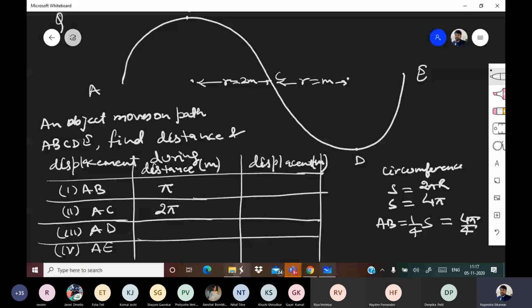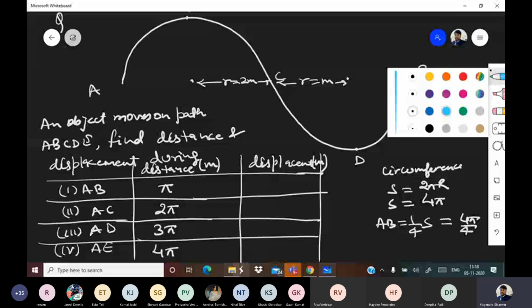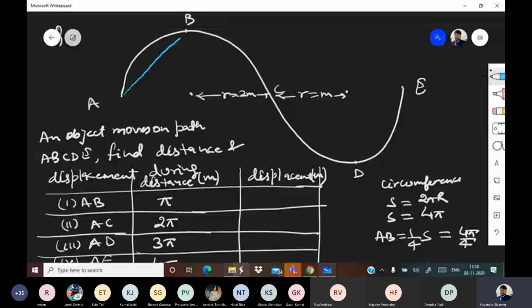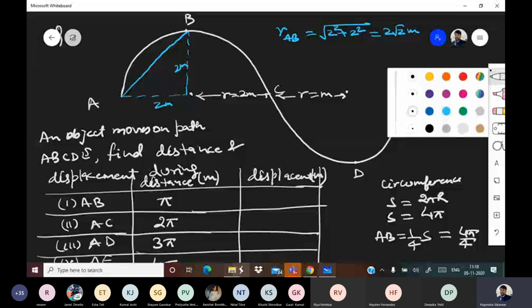Now let us talk about displacement. Displacement AB will be this straight line. You can see this is 2 meters and this is 2 meters. So R_AB is under the root of 2 square plus 2 square, and that will be 2 root 2 meters.